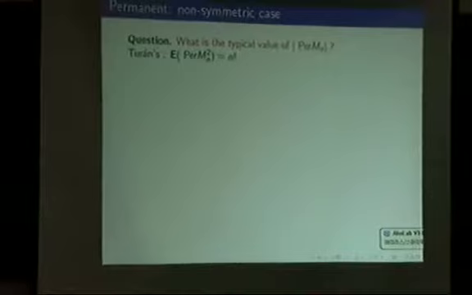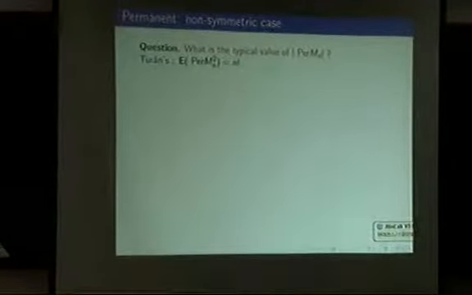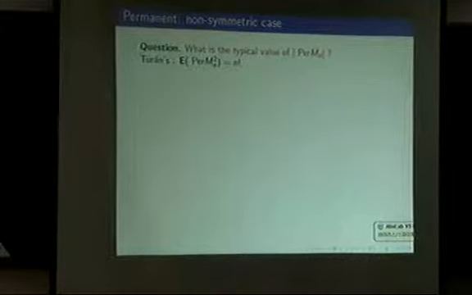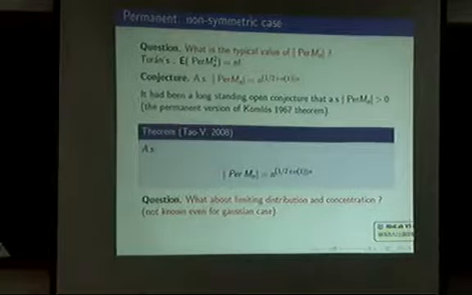For instance, the second moment calculation is the same, right? If you square the permanent, you can repeat the whole calculation. The -1 to the something doesn't play any role. You will have the same n factorial. So it's natural to conjecture that we have the same behavior as the determinant.